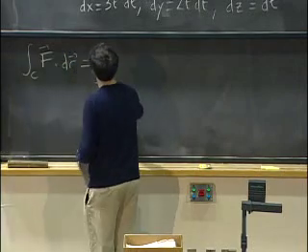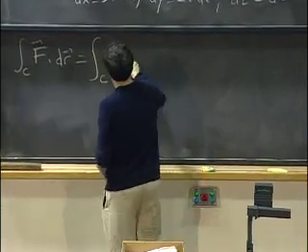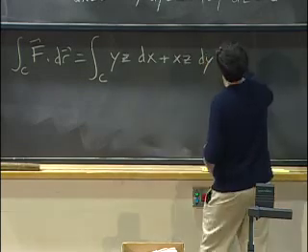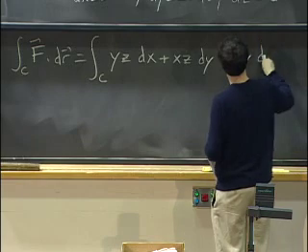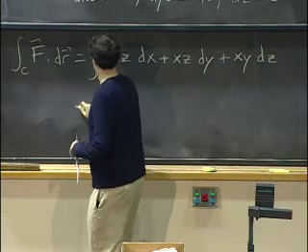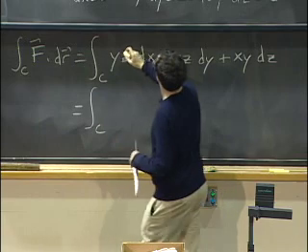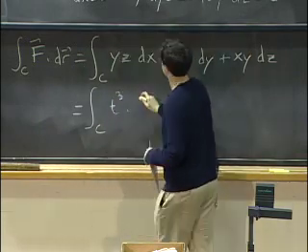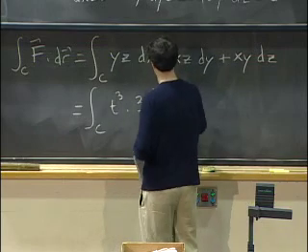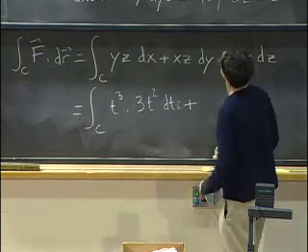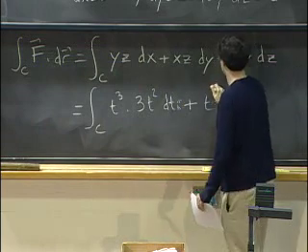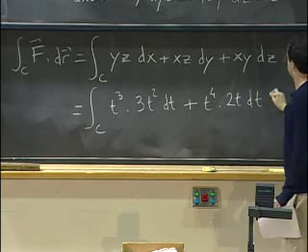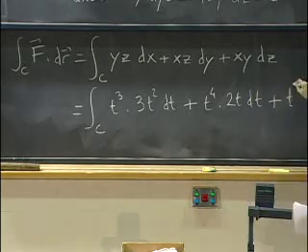Well, that will be the integral of yz dx plus xz dy plus xy dz, which will become, so yz is t cubed times dx is 3t squared dt, plus xz is t to the 4 times dy is 2t dt, plus xy is t to the 5 dt.